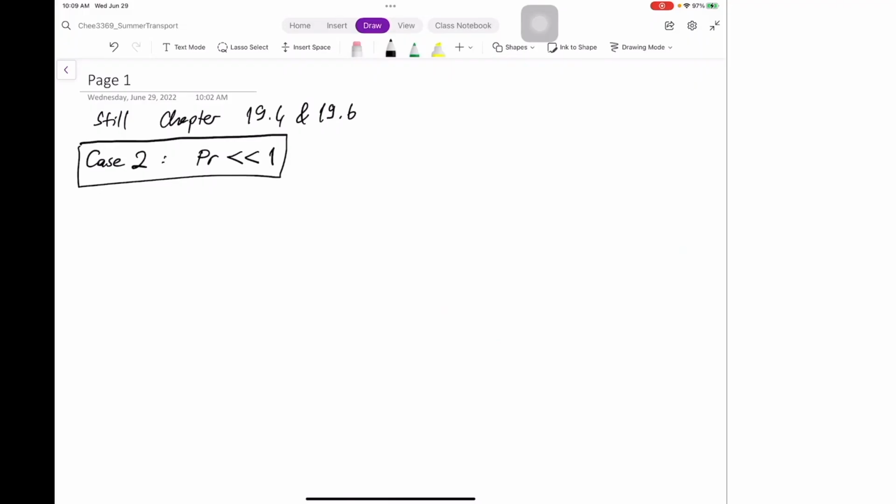This means the following. The kinematic viscosity divided by alpha is much, much less than 1. And since we know that nu over alpha, the Prandtl number, has something to do with delta over delta T, the ratio of the boundary layer thicknesses, then that must also be much, much less than 1, right?